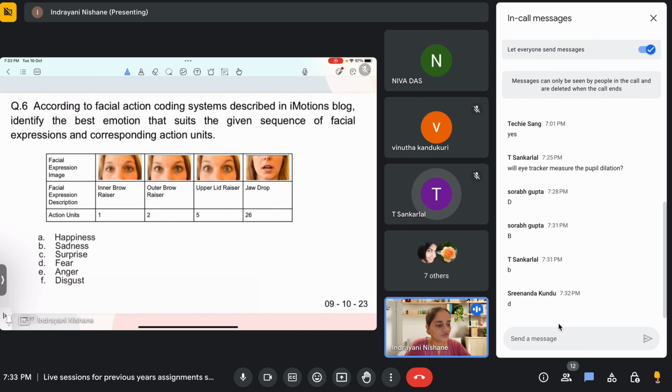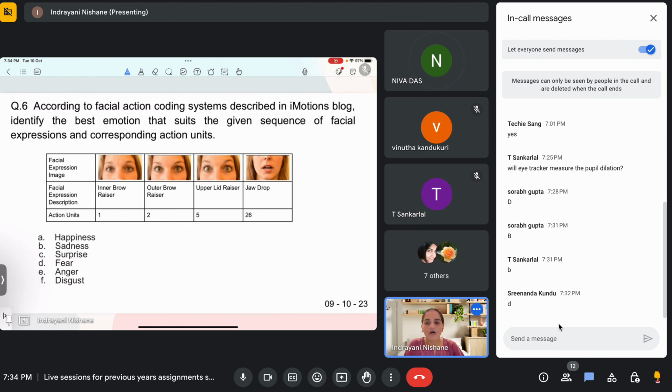These were the points when I was talking about macro and micro expressions. These are different action units with the corresponding images. According to the Facial Action Coding System described on iMotions' blog, identify the best emotion that suits the given sequence of facial expressions and corresponding action units.